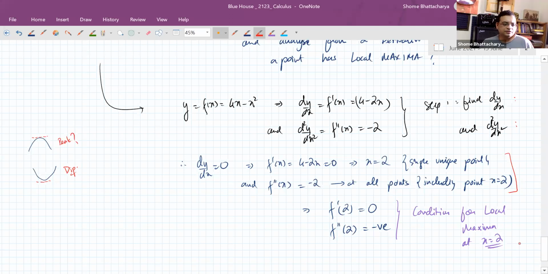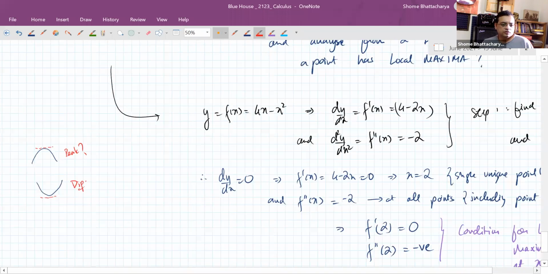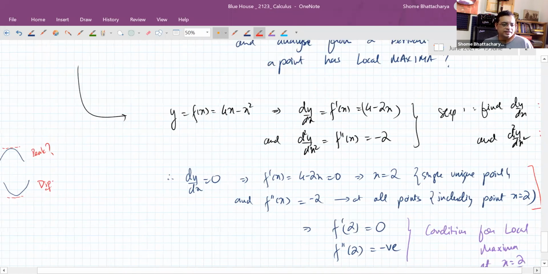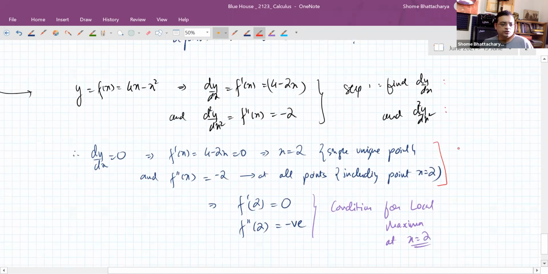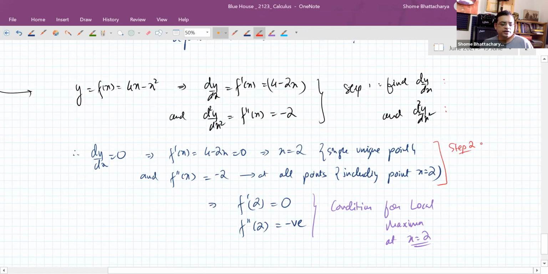Okay, so this step that we have written over here is called the second derivative step, that we are investigating the second derivative. In this, what we do is we first solve f prime x equal to 0. And then we test the value of f double prime x at these points.